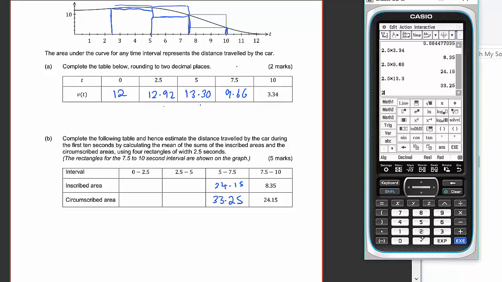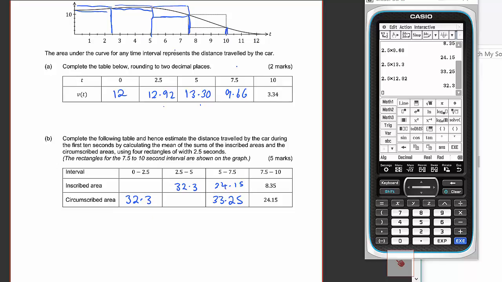So that's going to be 2.5 multiplied by 12.92, which gives us 32.3. So that's this one. And this bit, that one would be the circumscribed. So this one is 32.3.